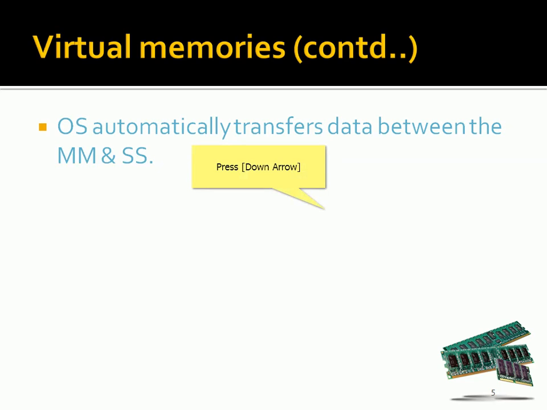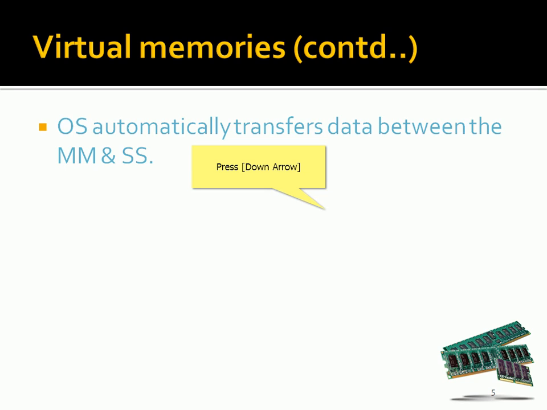The operating system, that is the OS, automatically transfers the data between main memory and secondary storage. This is the responsibility of the operating system, which governs the entire computer system.